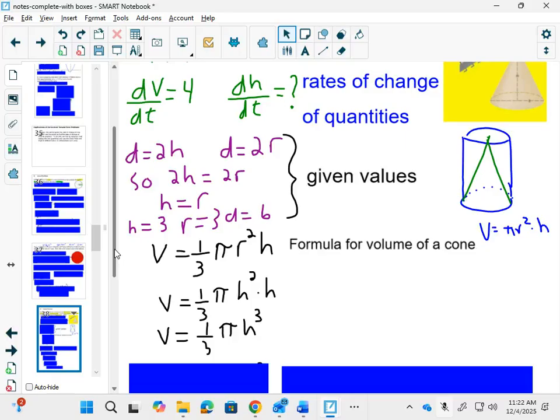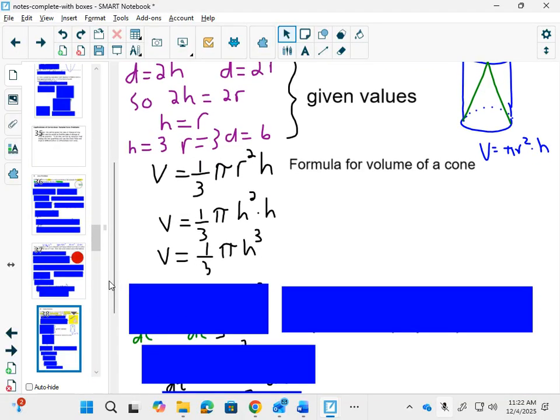Now, originally, our formula has an R and an H. But since we know that the H and the R are the same, it makes sense for us to substitute. So we just get a formula with just volume and just height. And now we can do our implicit differentiation.